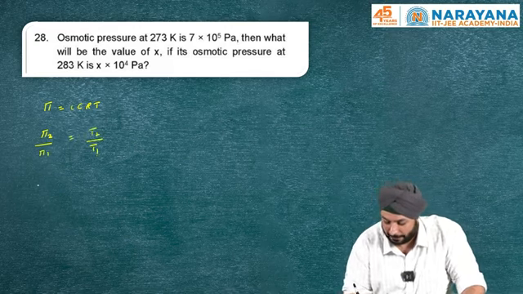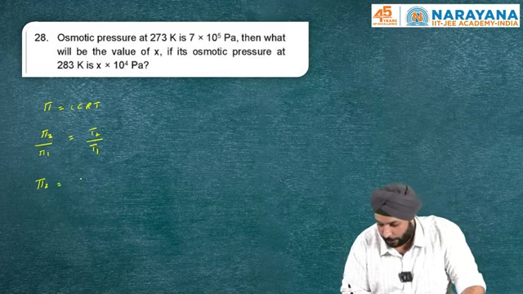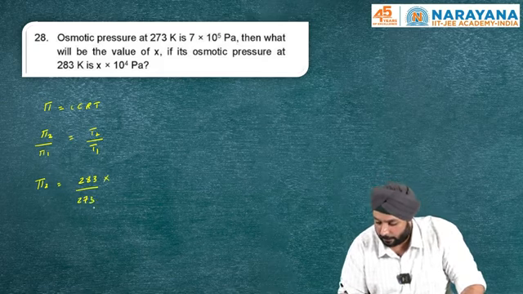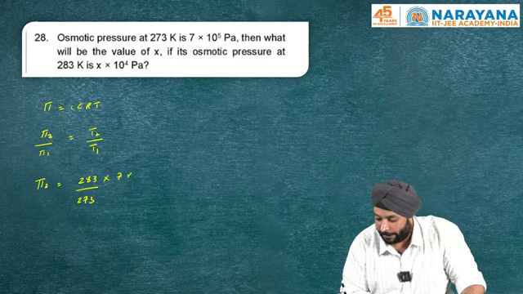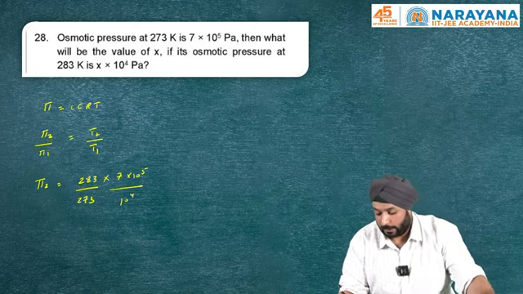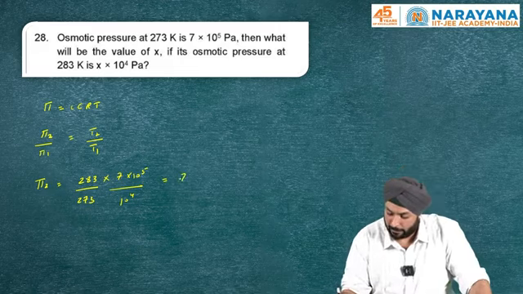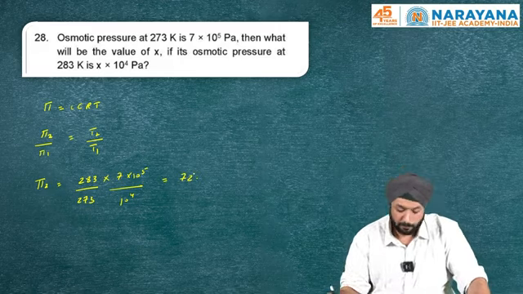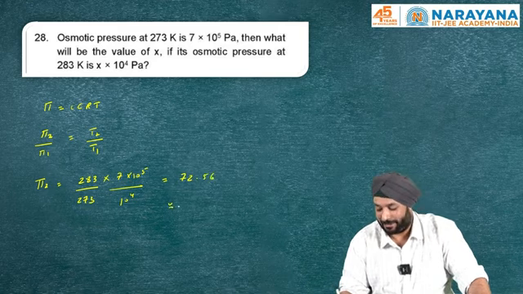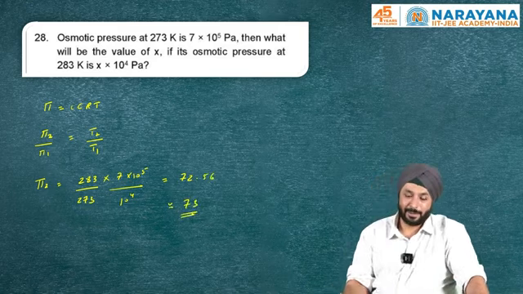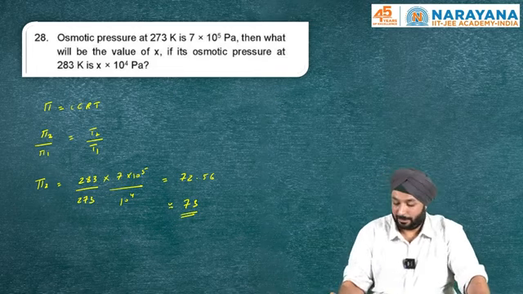Just use this and you'll get the answer. So pi 2 comes out to be T2, which is 283 Kelvin, divided by 273 Kelvin, into pi 1, which is 7 into 10 to the power 5 pascals. I want the answer in the required unit, so divide by 10 to the power 4. The nearest integer will be 72.56, which is approximately 73. So this was question number 28.